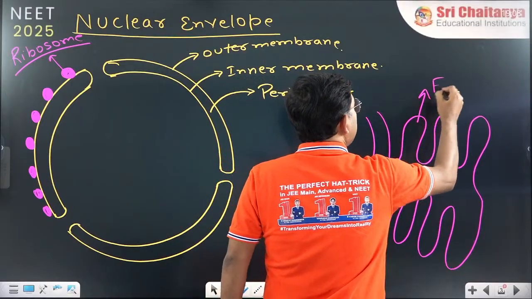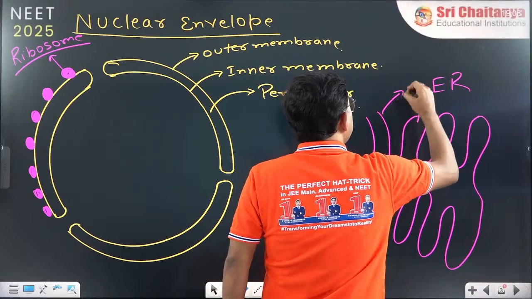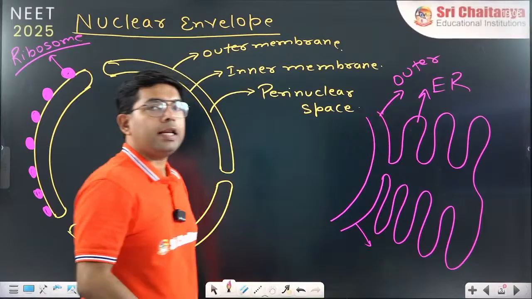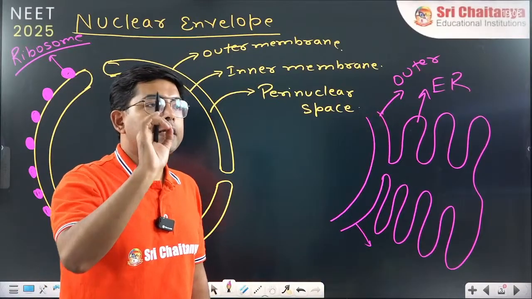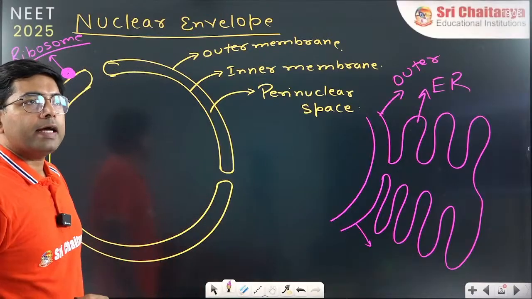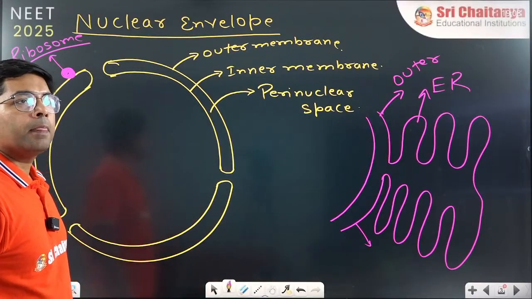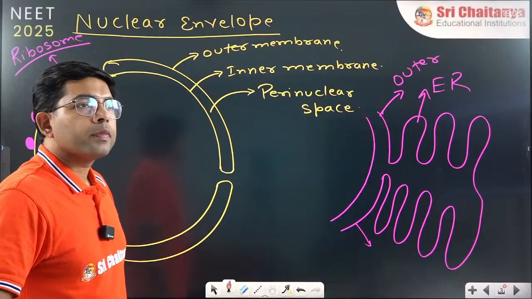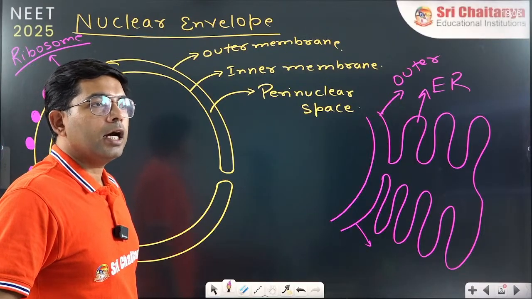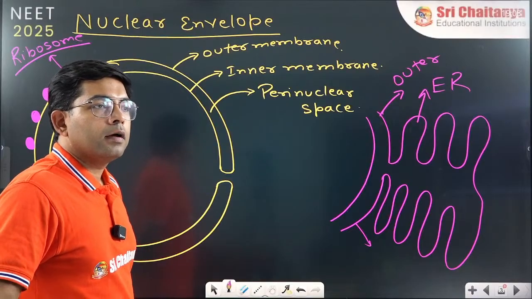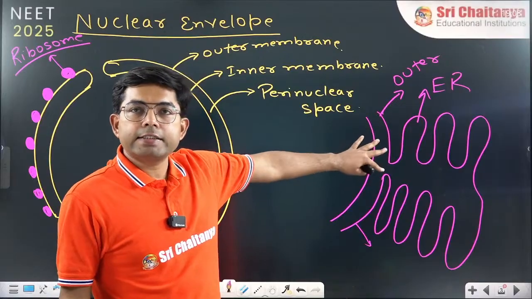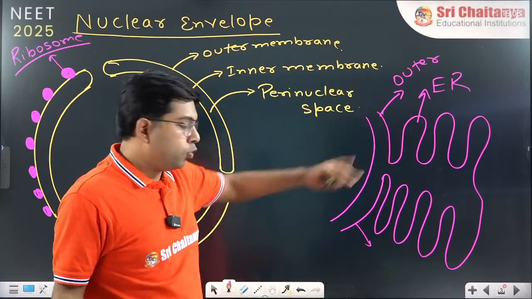So we will say that the outer membrane of the nucleus is continuous with the endoplasmic reticulum. Very good. Many of you have answered ER: Kalyani, Vasu, Manoj, Lakshmi. It is correct. Understood this point? Now let's move ahead.